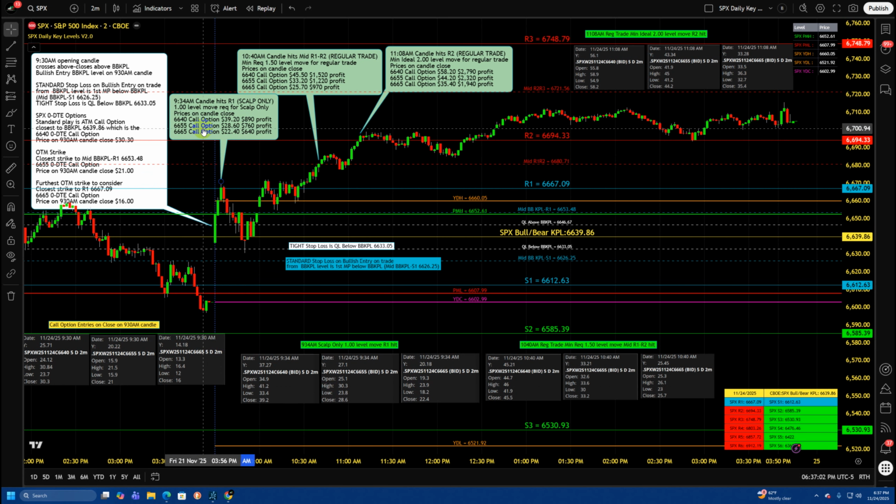Okay, so here we have the 9:30 a.m. candle. The close of the candle hits the R1 level, which is the 1 level move required for the scalp, for 100% closeout of all contracts if you're just doing a scalp only trade. So here we have the bid prices for the close of the candle here. $39.20 for the at the money 66.40, $28.60 for the 66.55, and $22.40 for the furthest out of the money.